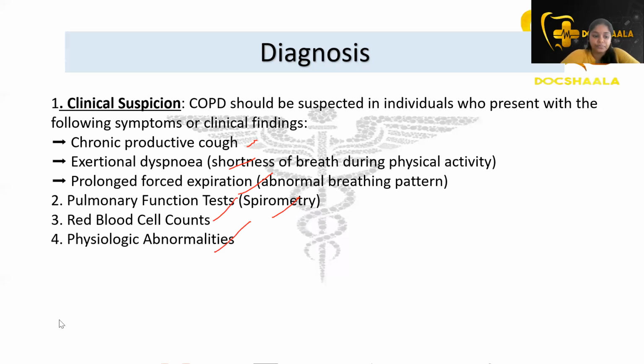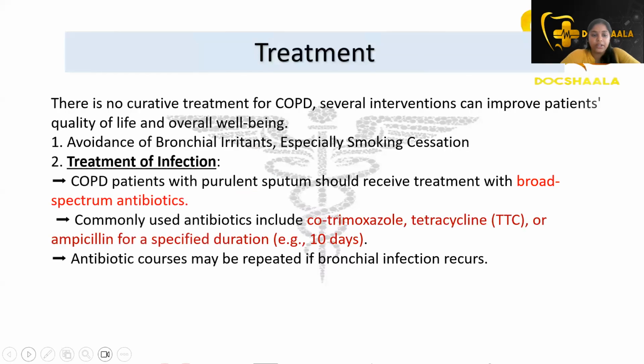Okay, then the treatment. COPD has no curative treatment. So what we have to do, if there is no curative treatment, the patient is experiencing so many symptoms. So first thing, if there are any bronchial irritants with which he has developed it, that irritant should be stopped. So mostly smoking should be stopped.